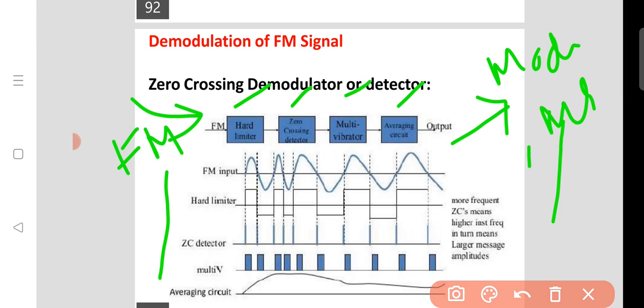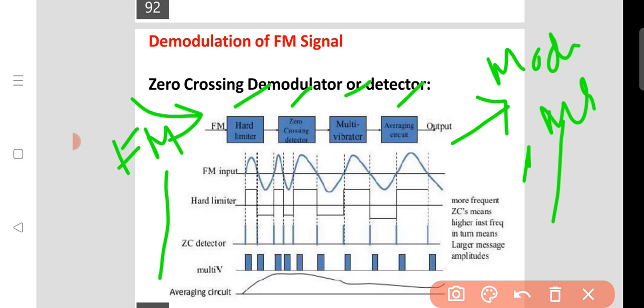So actually the hard limiter is a clipping circuit. It clips both the sides of our input wave. So it is a two-sided clipping circuit. The hard limiter consists of the two-sided clipping circuit.